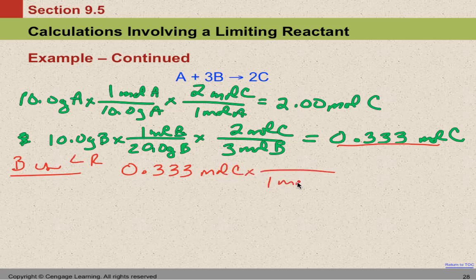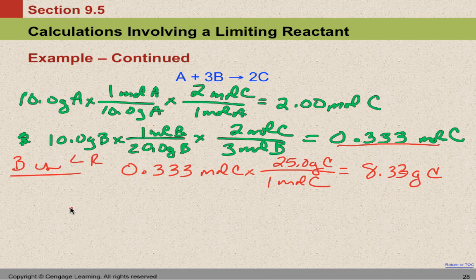For every 1 mole of C, I have 25.0 grams of C. Those were the molar masses given in the problem. And I should produce 8.33 grams of C.